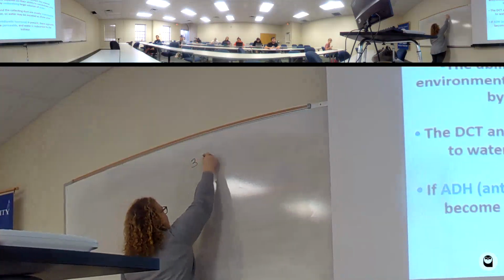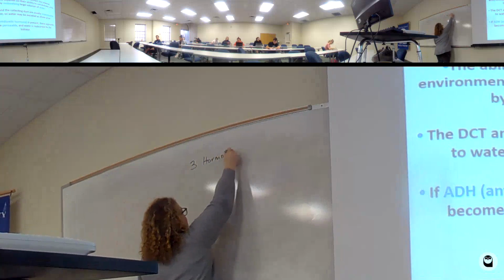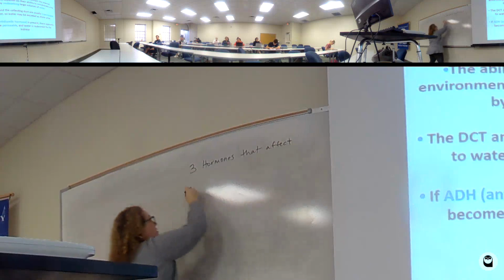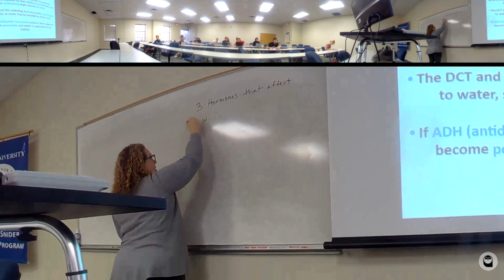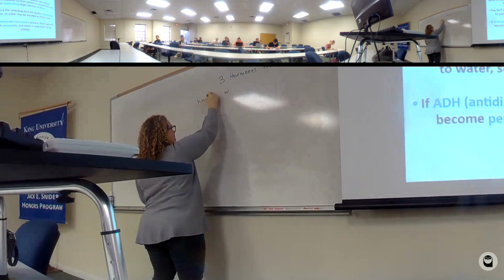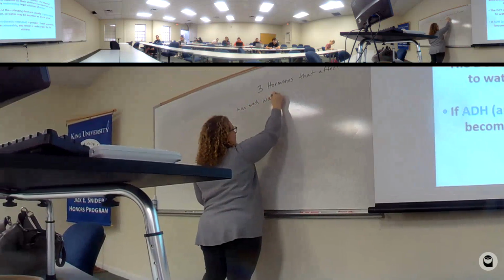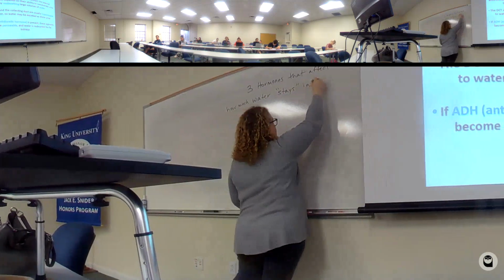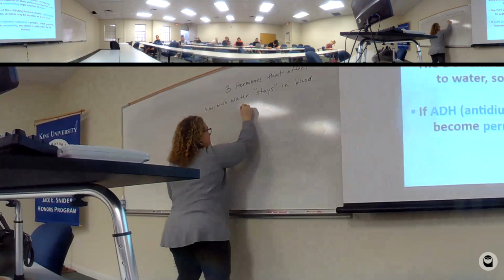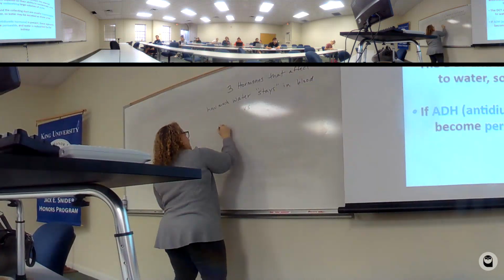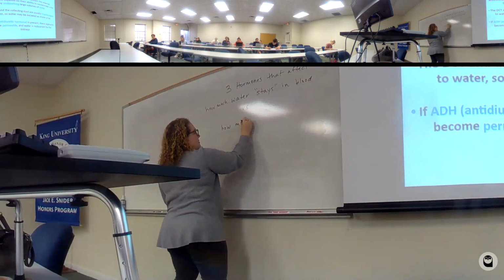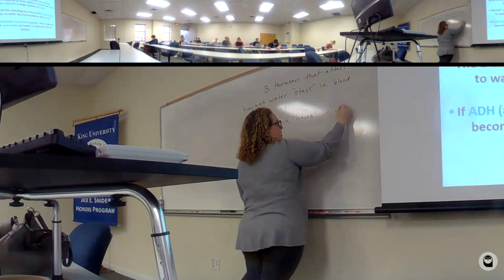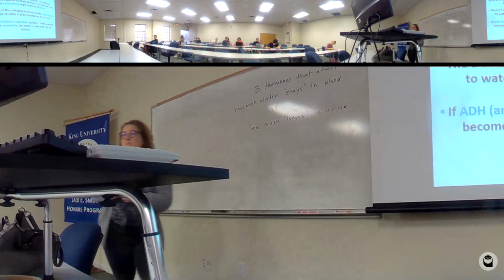So we have 3 different hormones that our bodies can make that together or individually will affect how much water stays in the body, in the blood, versus how much leaves in urine.